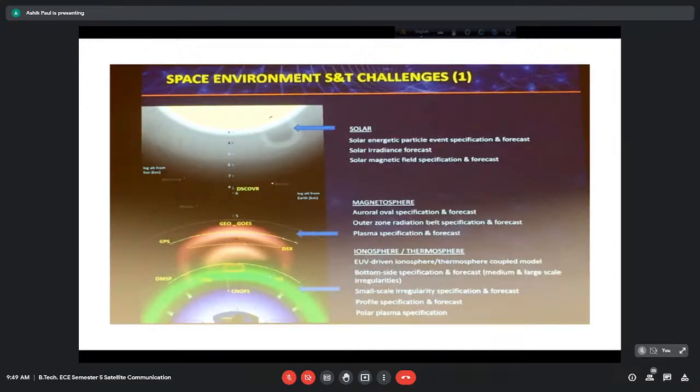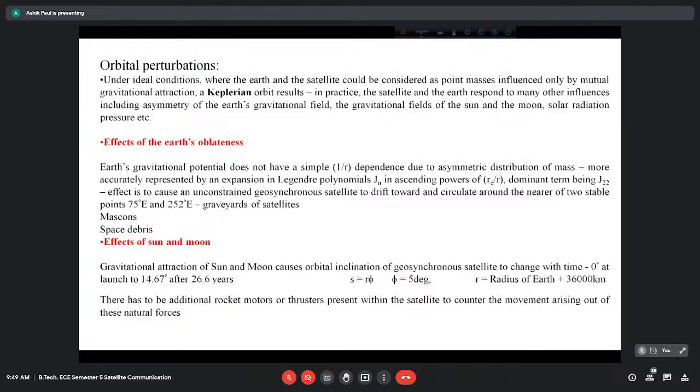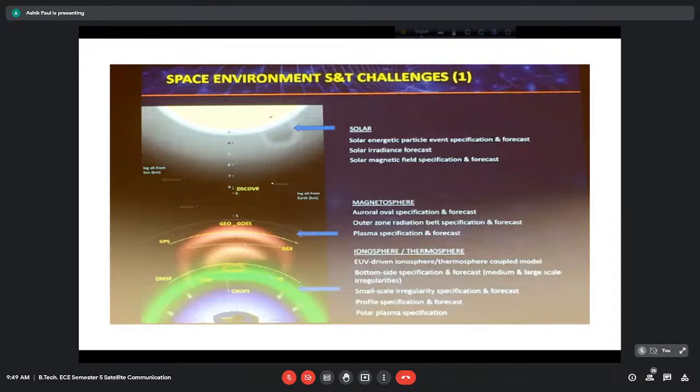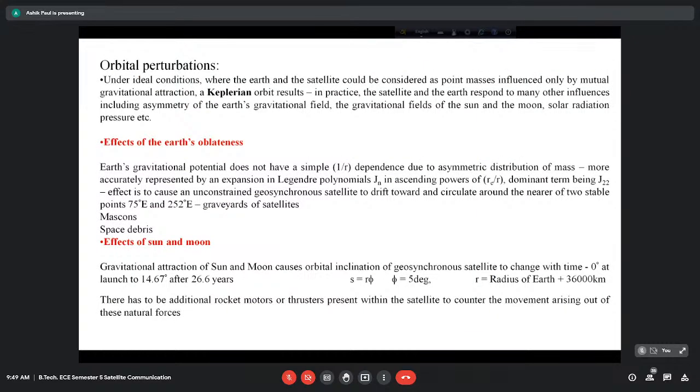Now, because of these kinds of factors, that is the effect of the Earth's oblateness and the effect of the sun and the moon, there are several kinds of science and technology challenges in the space environment. And while we are more familiar with space, that means we humans have gone a long way in space, within the surface of the earth it's a different ball game altogether.